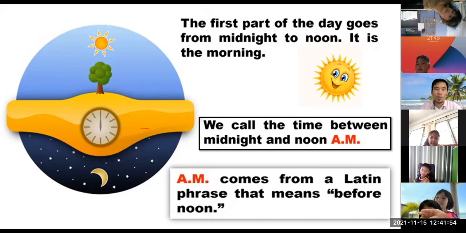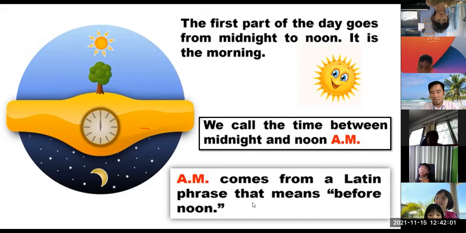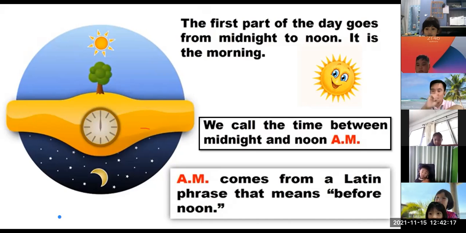AM comes from a Latin phrase that means before noon. So before noon time, we call it AM. From 12 midnight up to 12 noon, that is AM. Morning.